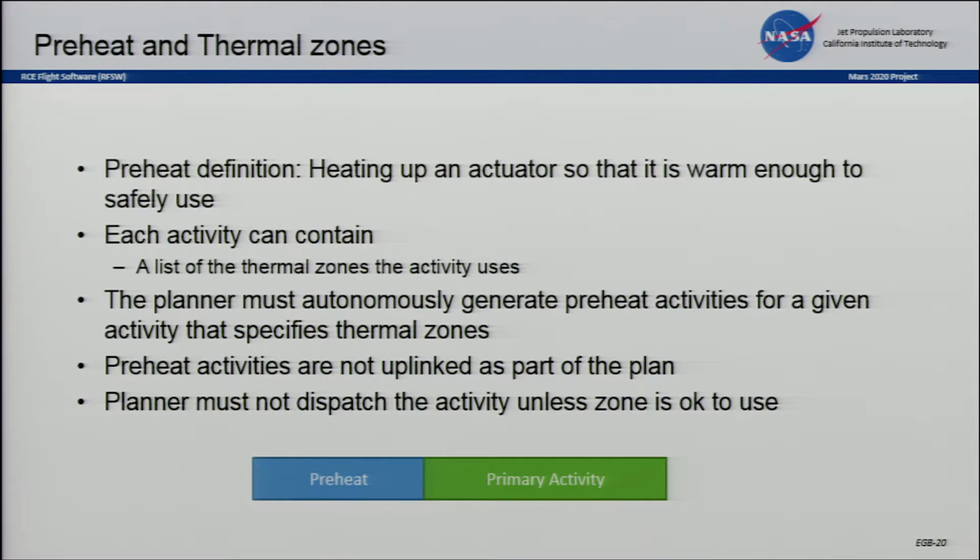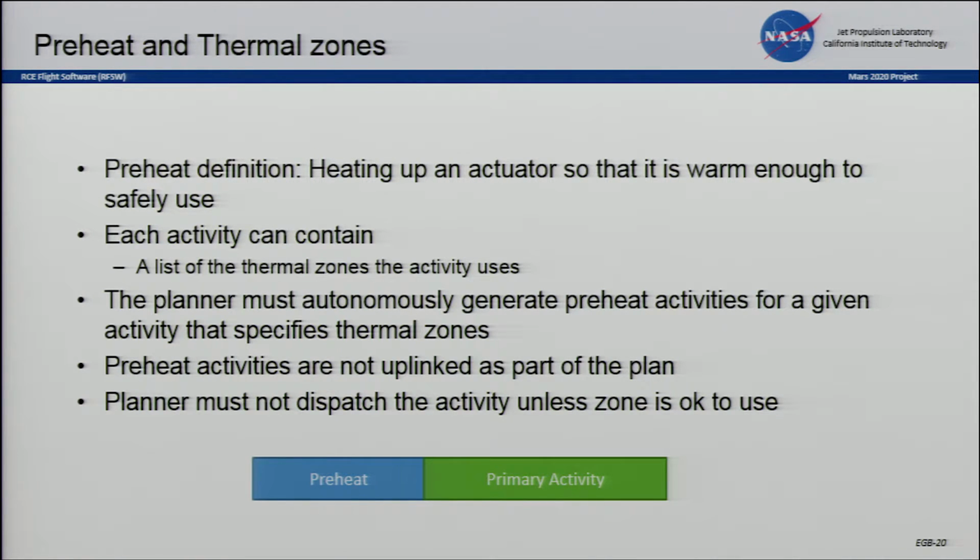We talked about preheating earlier in defining terms. Again, we need to warm up an actuator so it's nice and toasty when we use it. The way we model this is each activity essentially is a checklist of what thermal zones it will use, and that's all the ground has to specify. Then we need to do some more work on board.